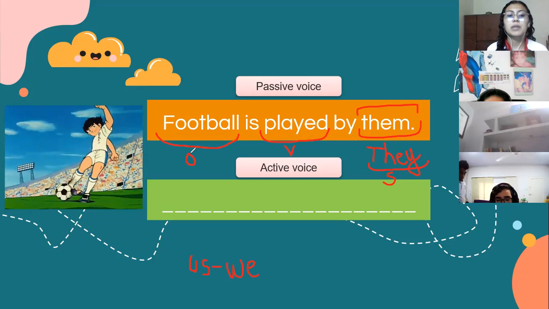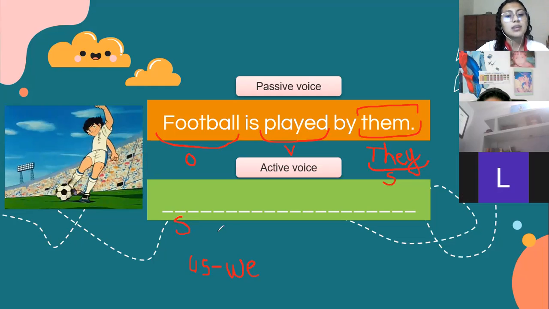Present. Very good. It's in present. Excellent. Now, remember that in the active voice, we are going to start with the subject. Here we have the subject. Then the verb, and then the object.